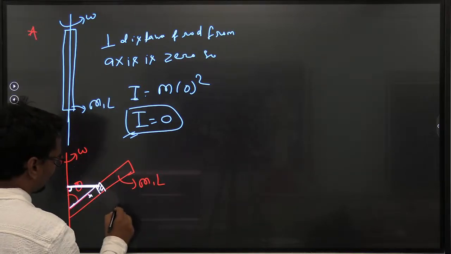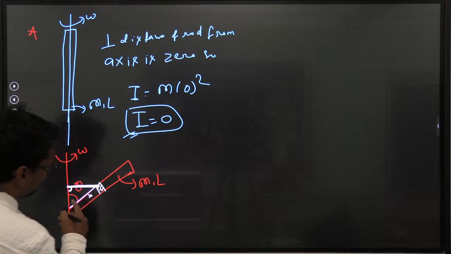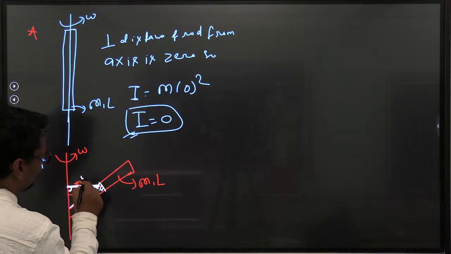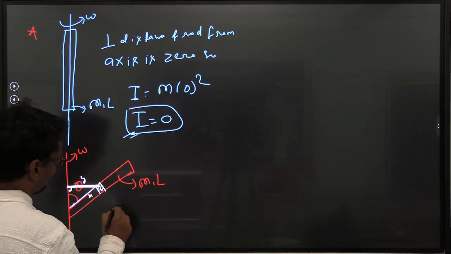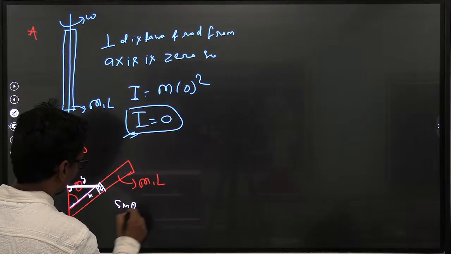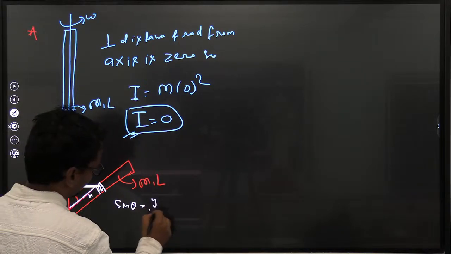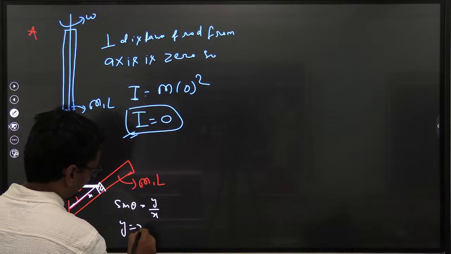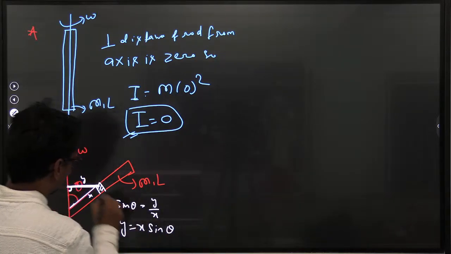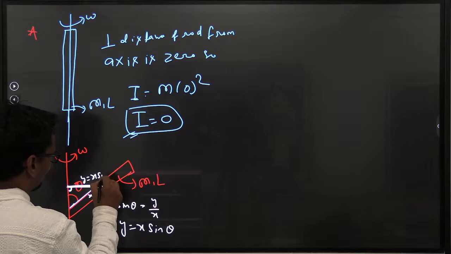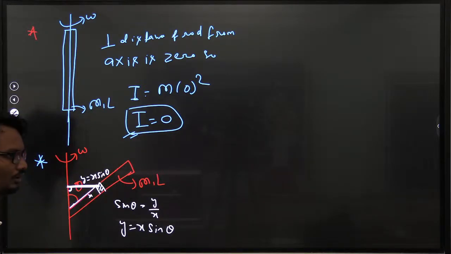Let us say this is y, and sin theta is equal to y by x. We say y is equal to x sin theta. Clear? I think this is clear to all of you.